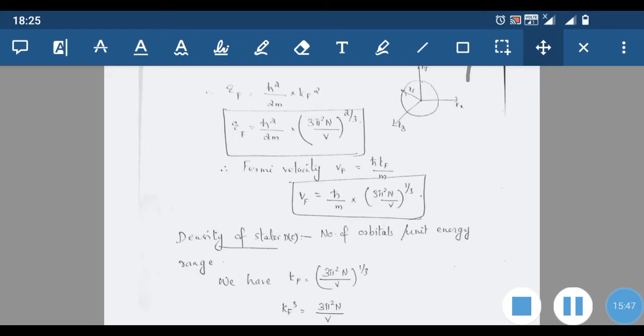The total volume divided by the volume occupied by a single K vector, multiplied by 2, gives the total number of electrons, because each K level is occupied by 2 electrons, one in the spin up state and one in the spin down state. All this comes from the assumption of Fermi-Dirac statistics. So by using these, almost all of the properties shown by metals can be described very easily.